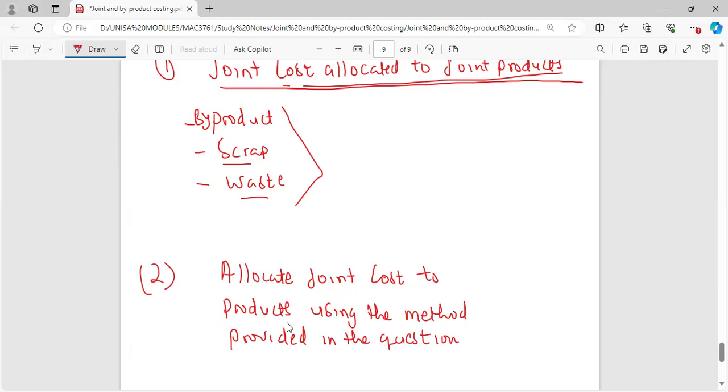So once you know how to treat them, then you now have your joint costs that are going to be allocated to the joint product. Once you get the joint costs, then it means you can now allocate the joint cost to the joint products using the method that is provided in the question.